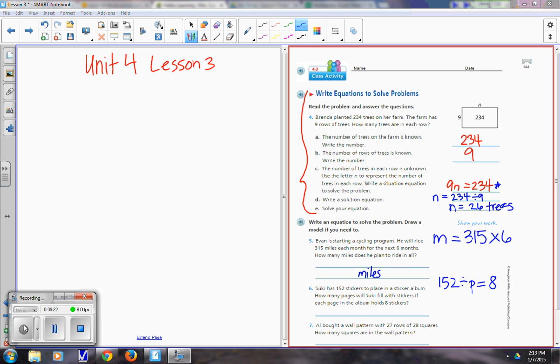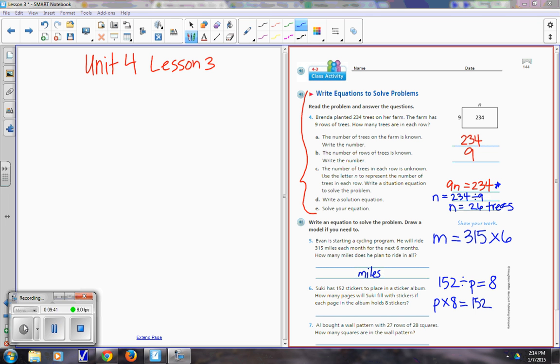Another way to write this could be pages times 8 equals 152. Are you seeing how it could be either one of those? Either one of those equations could be the situation equation.